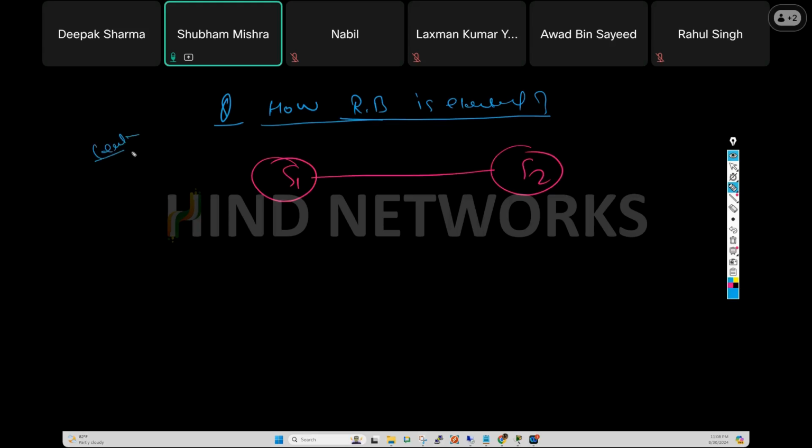And that leader is known as the root bridge. And that root bridge will be elected on the basis of some criteria, just as your prime minister is elected on the basis of votes. And the name of that criteria is Bridge ID. So between these two switches, one will become the root bridge, elected on the basis of bridge ID.